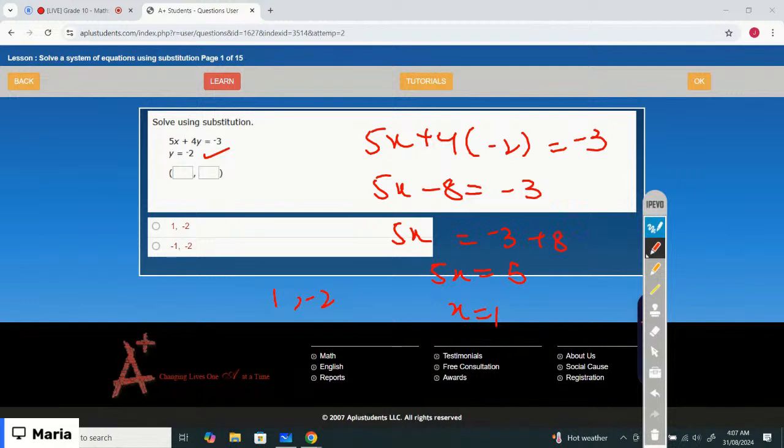Okay, so option number 1 is the correct option.